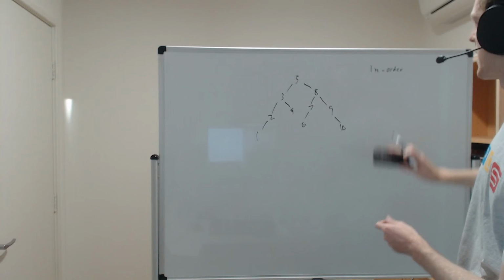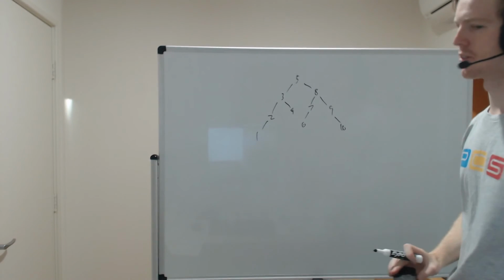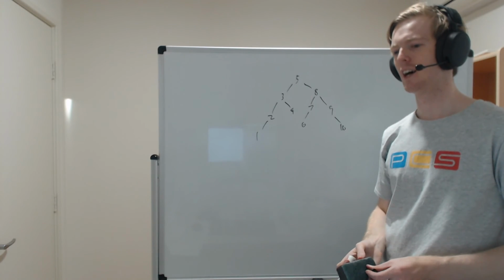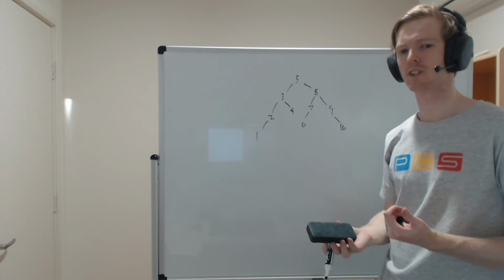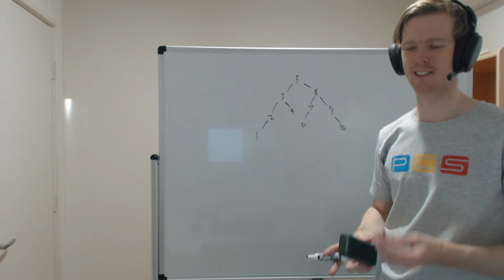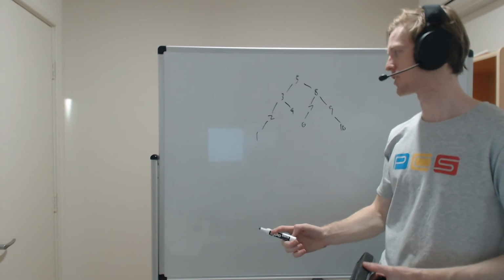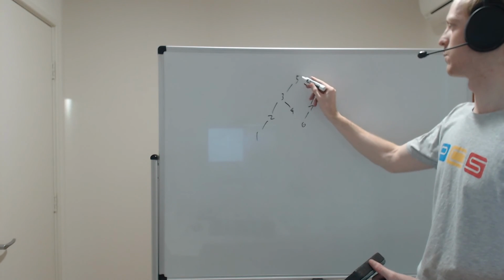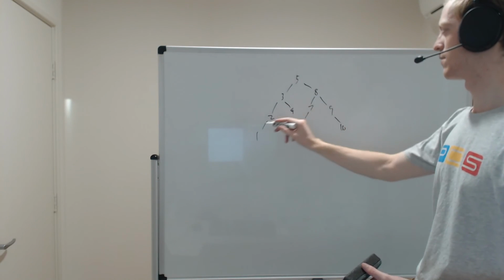And the exact same ideas apply to all the other traversals. It's just the order in which you visit nodes changes. The only special traversal where this doesn't happen is the level order traversal, which is just a BFS. So we go left to right from top to bottom.